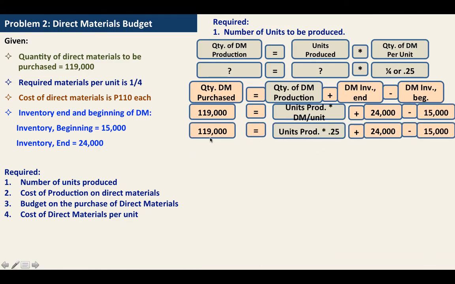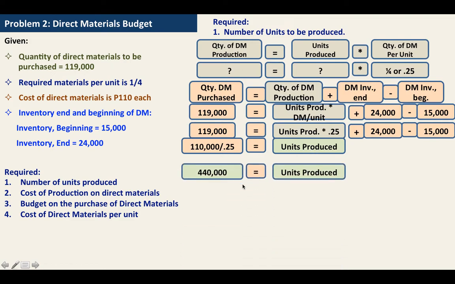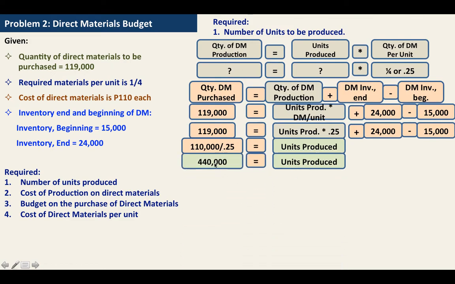So here, class, we only have one unknown, which is the units produced, okay? So doing your algebra, your units produced is equivalent to 440,000. So we were able to determine the units that you have produced, 440,000 units, okay?